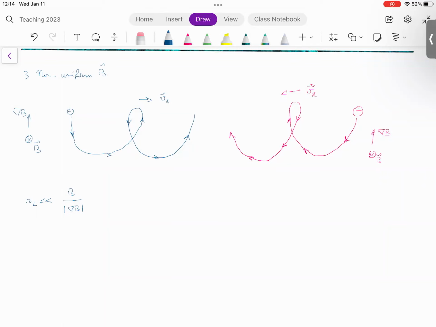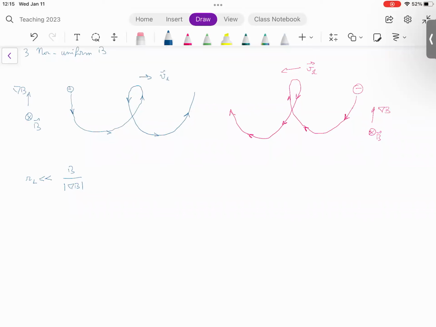But if I do that, that will allow me to make a simple expression for the magnetic field. I'm going to do a Taylor expansion starting from some initial position of my particle, or the center of the gyration of the particle. Doesn't matter, because the two are pretty much the same.